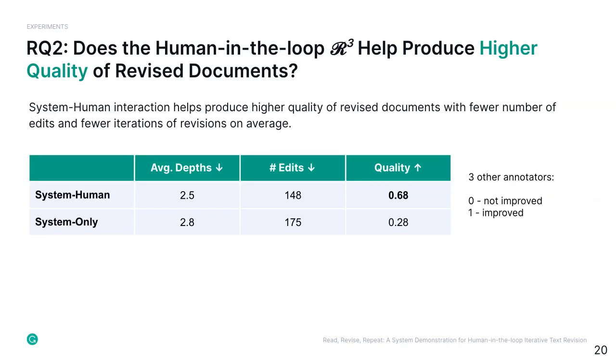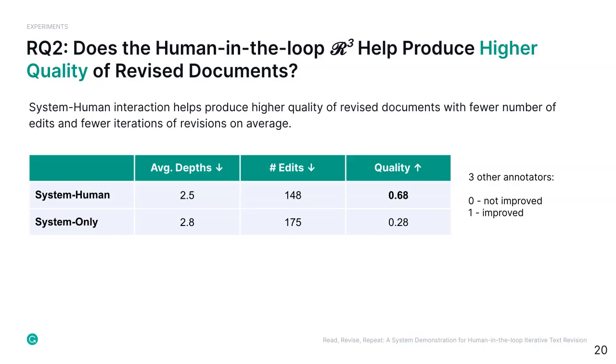We removed the user interaction in reviewing the model-generated edits and asked another group of 3 annotators to judge whether the final revised documents have improved quality. And the result shows that the system-human interaction helps produce higher quality of revised documents with fewer edits and iterations of revisions.